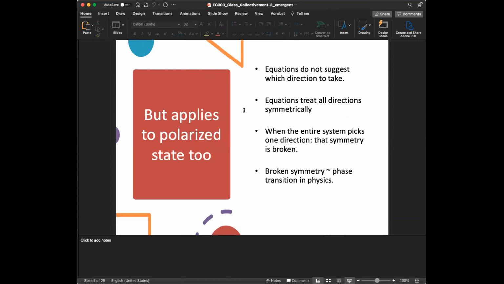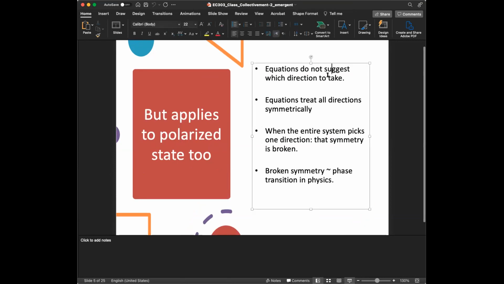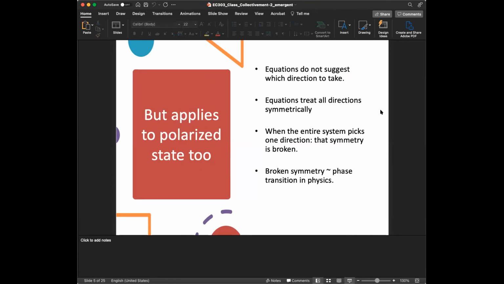So again, applying this to the polarized state, you can apply it to the torus state as well. Equations do not suggest which direction to take. Equations do not suggest that they must go in circles. They treat all directions and all rotations symmetrically, or equally. However, the entire system, because of these repeated interactions, picks one direction in the case of polarization, and one angular direction in the case of torus movement.